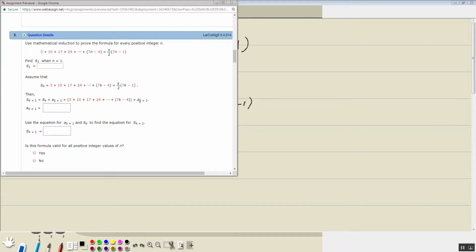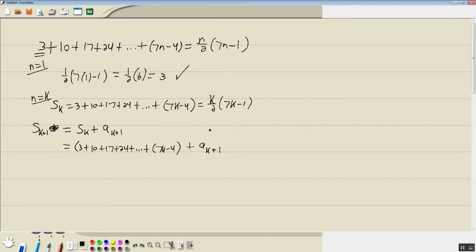Now they tell us to find a sub k plus 1. Well, if I plugged in k plus 1 on this side, and where I'm plugging into is plugging in right here. So I'm replacing the s sub k plus 1 on the left side with this.